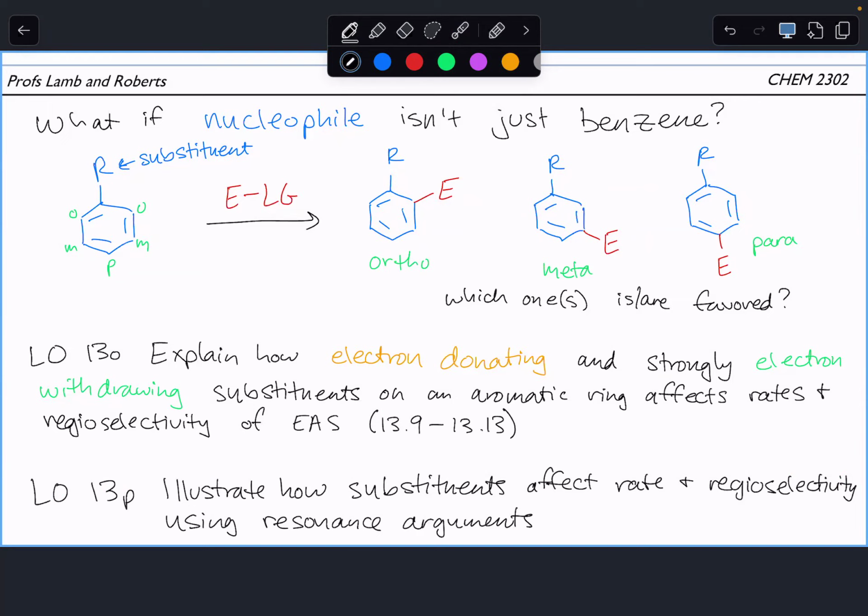So those are really the same thing, but because we really wanted to emphasize that you need to be able to draw the resonance structures, we made resonance structures a different learning objective. Okay, so these are two very large learning objectives, so we're going to break it down into different parts.